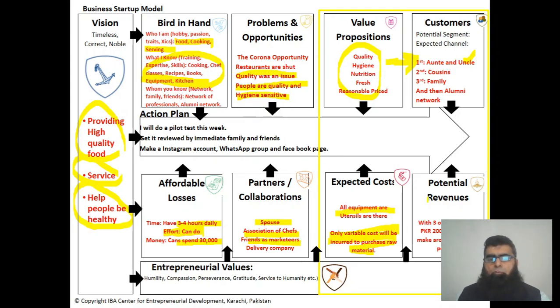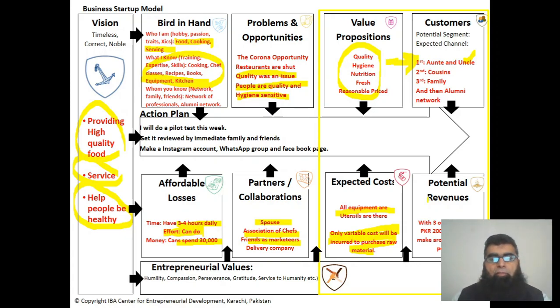So this seems to be a good number, and looking at her values, she is full of compassion and humility, which is needed for an entrepreneurial venture. She wants to develop herself in terms of gratitude and service to humanity. So these things are part of our value system.